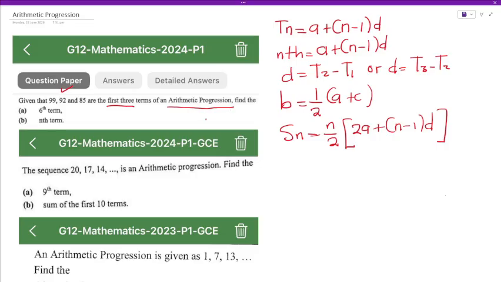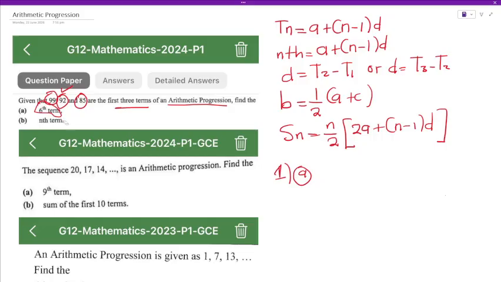By the way, arithmetic progression when abbreviated is just AP. Geometric progression is just GP. So in some questions they might say, given the AP, just know they are saying arithmetic progression. Find the sixth term.